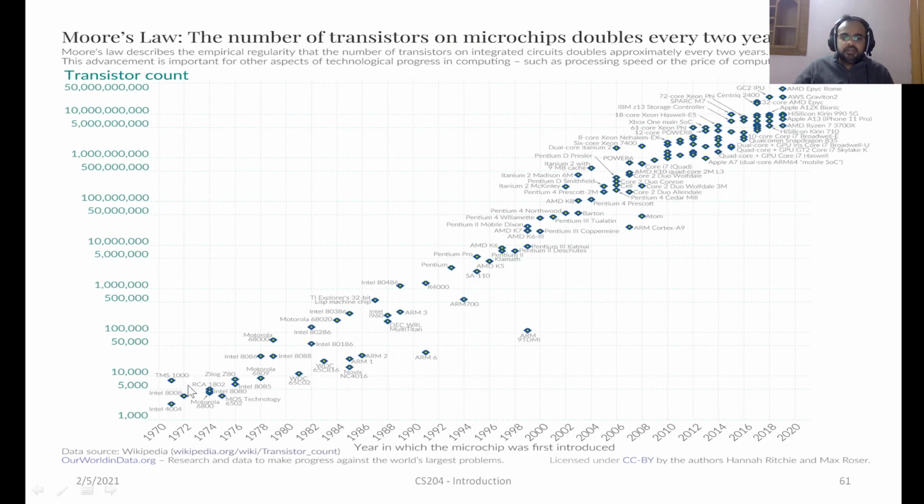You can see almost all the companies here, starting with Intel, Motorola, AMD, and of late some IBM processors. There's a DEC processor here, there's an ARM processor here. Almost all the companies tried to catch up with it, and they made it a reality.